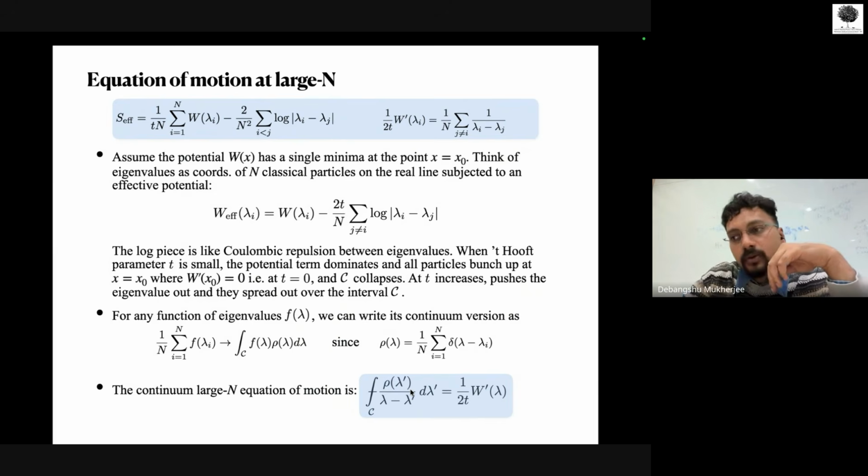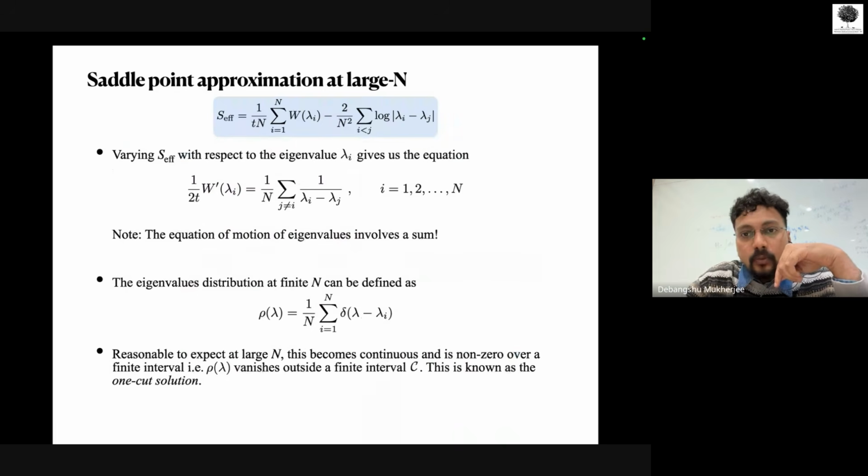Generally, when we talk about equations of motion, we typically write down an Euler-Lagrange equation and things like that, which are typically differential equations. However, and this is what I was trying to point out before also, when we wrote down this S effective, it had a single summation, i going from 1 to n. When I wrote down this summation, i less than j, look, there are two indices here.